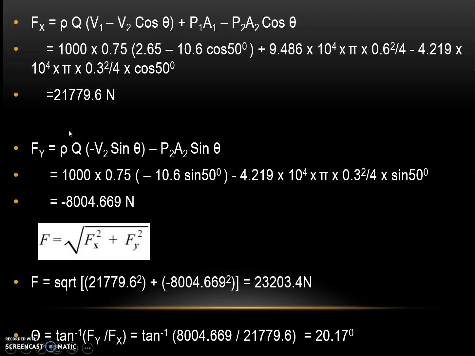21779.6 Newton. Similarly, we will find Fy, which is equal to rho Q into (minus V2 sin theta) minus P2 A2 sin theta. Rho is 1000, Q is 0.75, V2 is 10.6, theta is 50 degree, minus P2 is 4.219 into 10 raised to 4, A2 is pi by 4 d2 square, that is 0.3, the diameter at section 2, into sine of 50 degree.